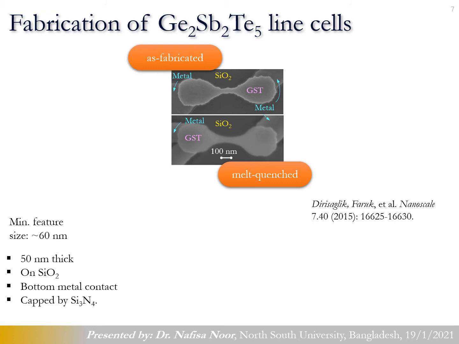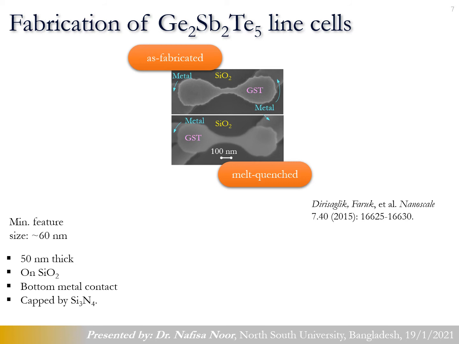But before we conclude the current module, we're going to learn about how to fabricate and how to characterize the PCM cells. Here we are showing an example of the germanium antimony telluride 225 line cells. And here you can see the SEM image, or scanning electron microscope image, of these line cells.